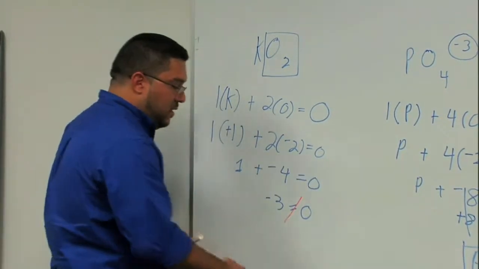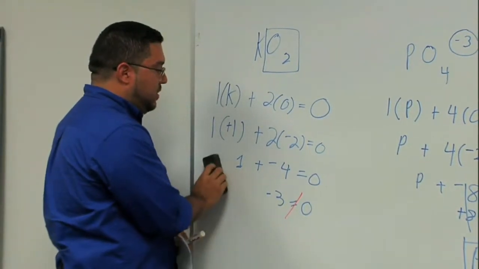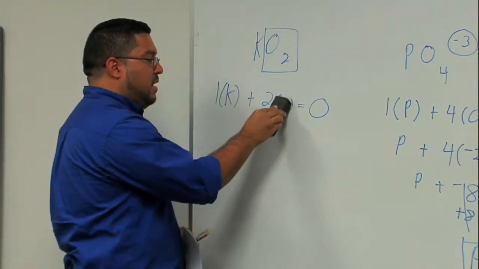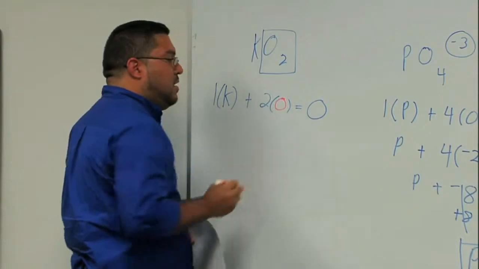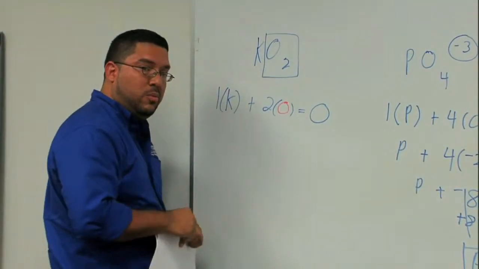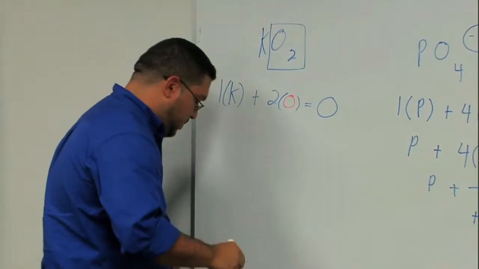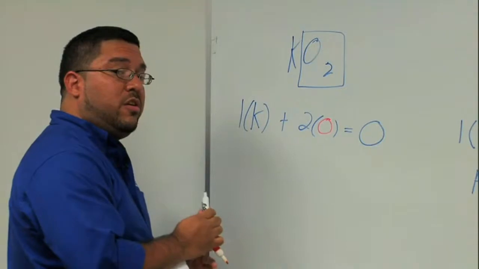In this particular case, once I realized that something is wrong with my compound, I would actually go back to my initial equation and I would solve for the charge of, or the oxidation state of oxygen here. That would be my approach. Now, when I try to solve this problem, the only charge that I would plug in would be the charge of potassium.